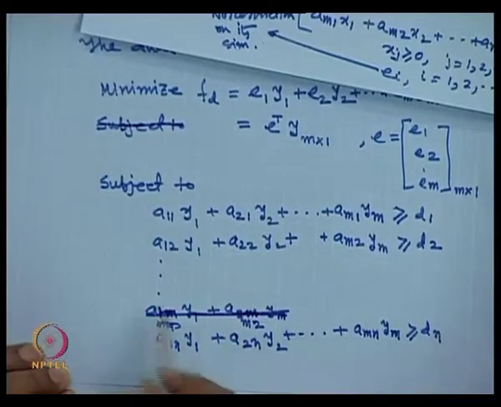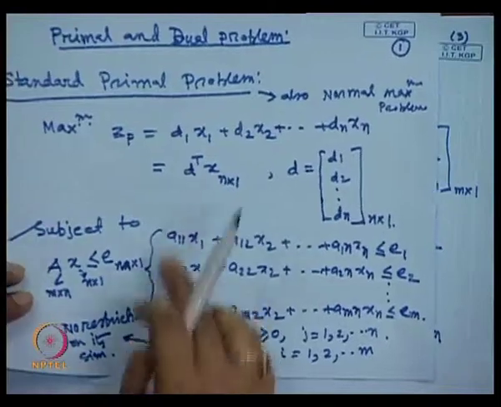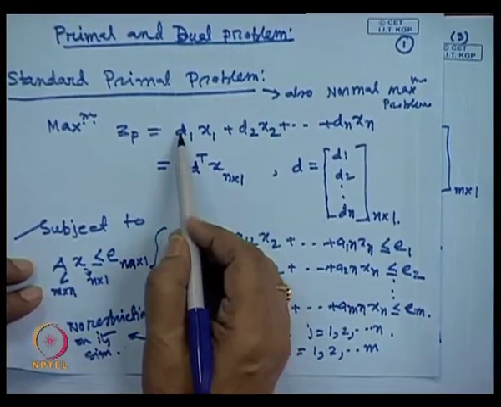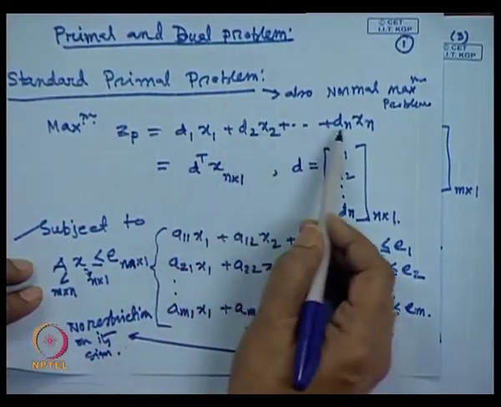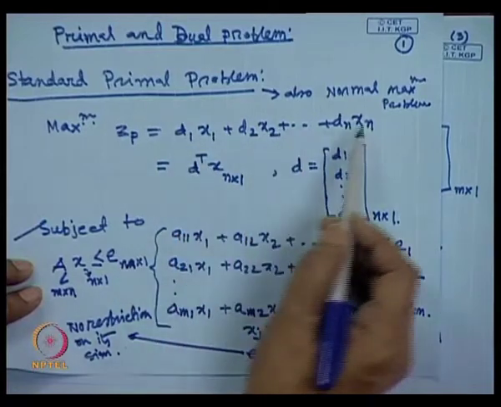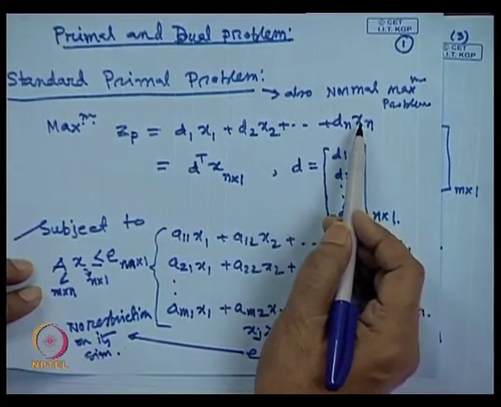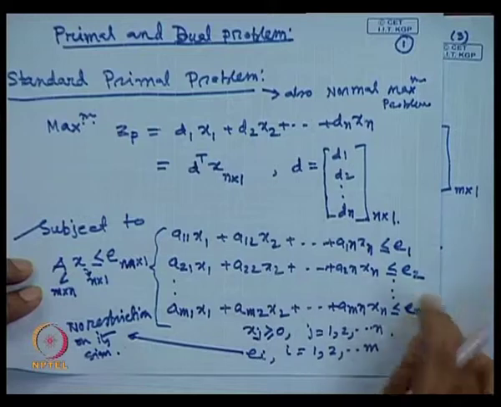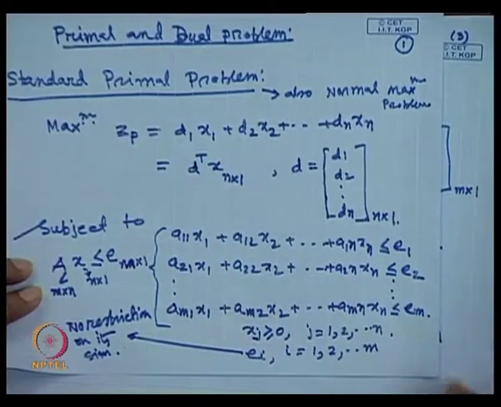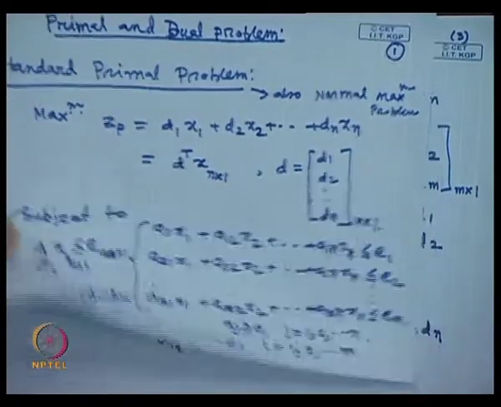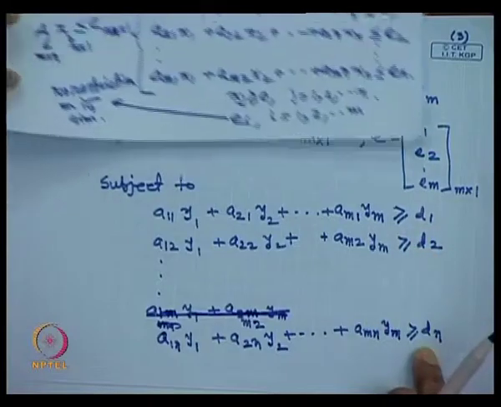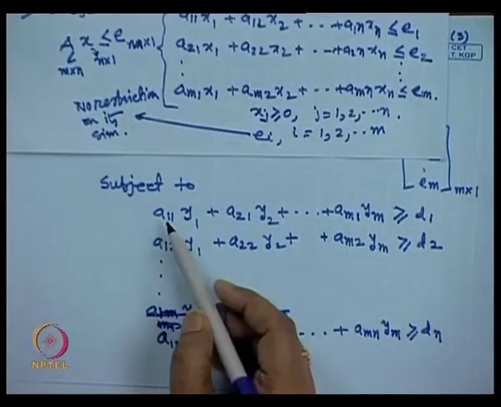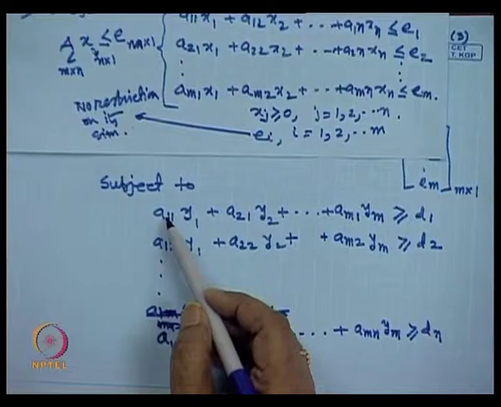So, you see how many coefficients in the standard primal problem are there in the objective function? There are n coefficients, and those n coefficients will come in the dual problem's inequality constraints. That means n inequality constraints will be coming here.